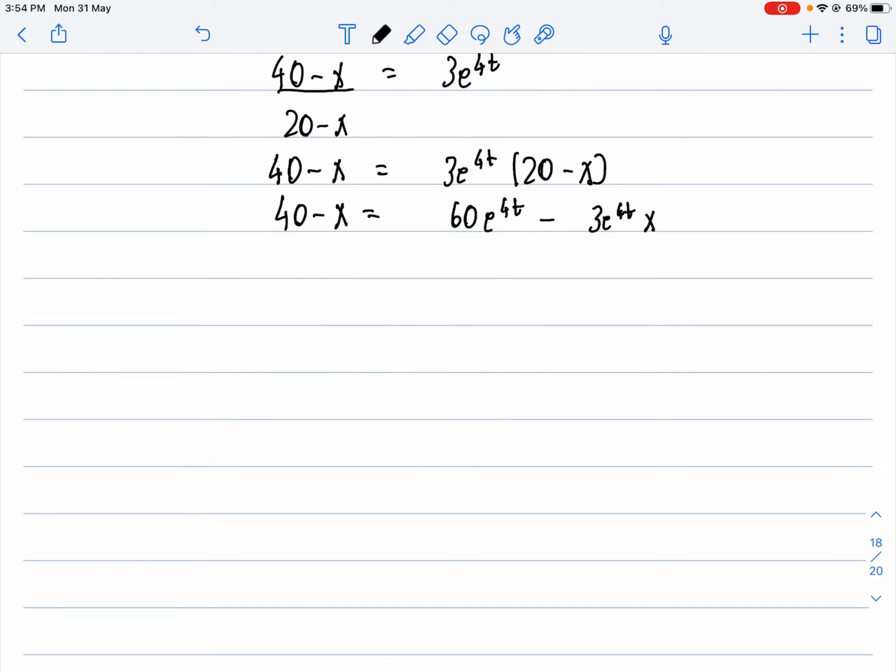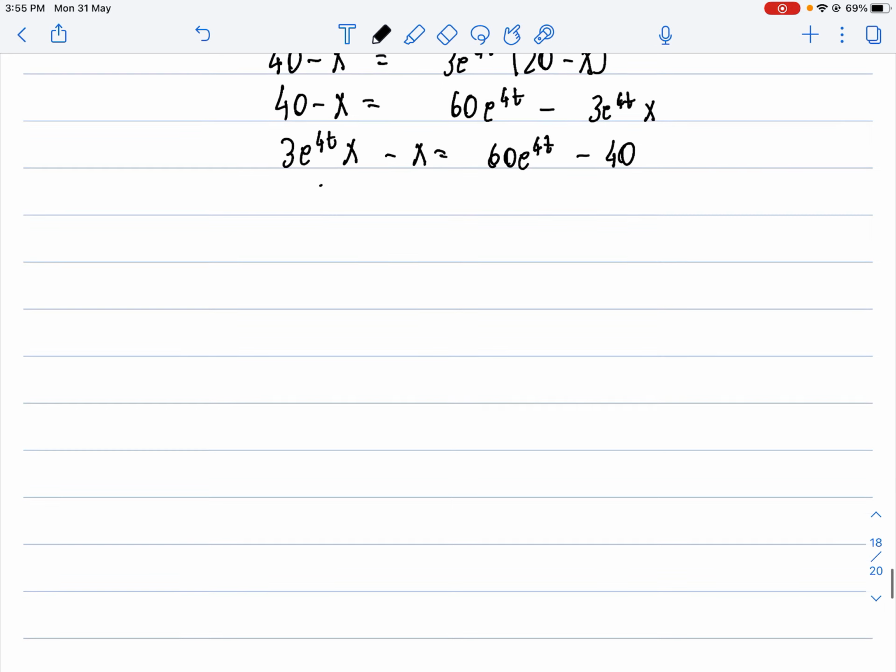Now I can keep the x's to one side and the other constants to the other side. So I can write this as 3e^(4t) x minus x equals 60e^(4t) minus 40. Correct? Now here I can take x common to get x(3e^(4t) - 1) equal to 60e^(4t) minus 40.